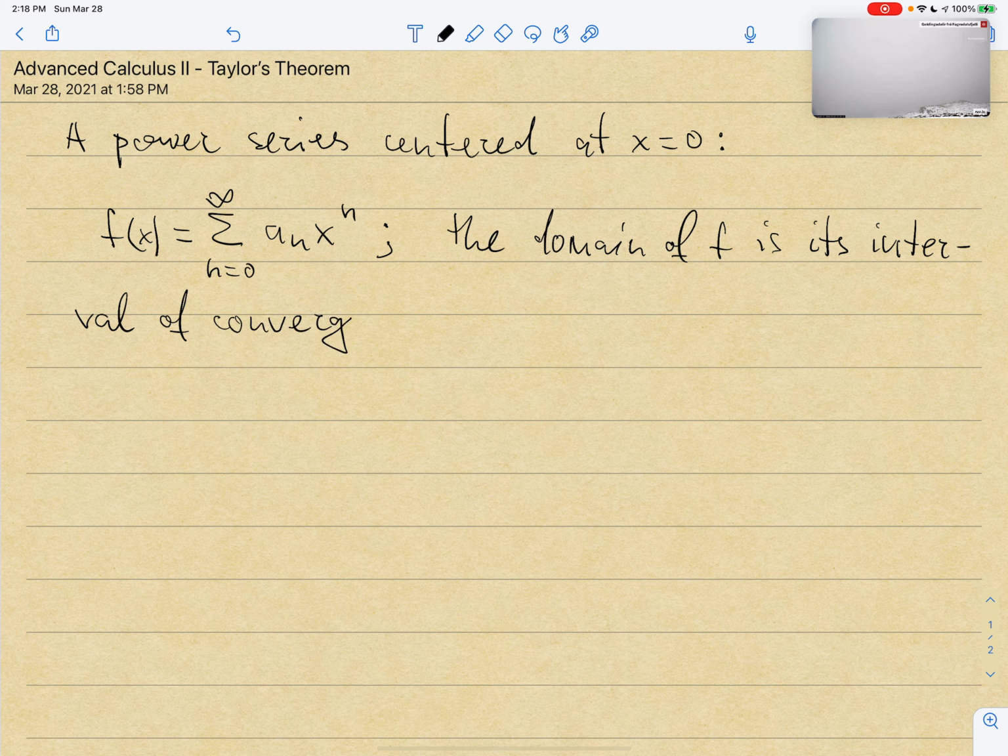And the interval of convergence I can find by using either the ratio or a root test. We discussed that the root test is a weaker notion. So generally, if a root test gives you a prediction, then that means that the ratio test will give the same prediction. So this can be determined by the root test.